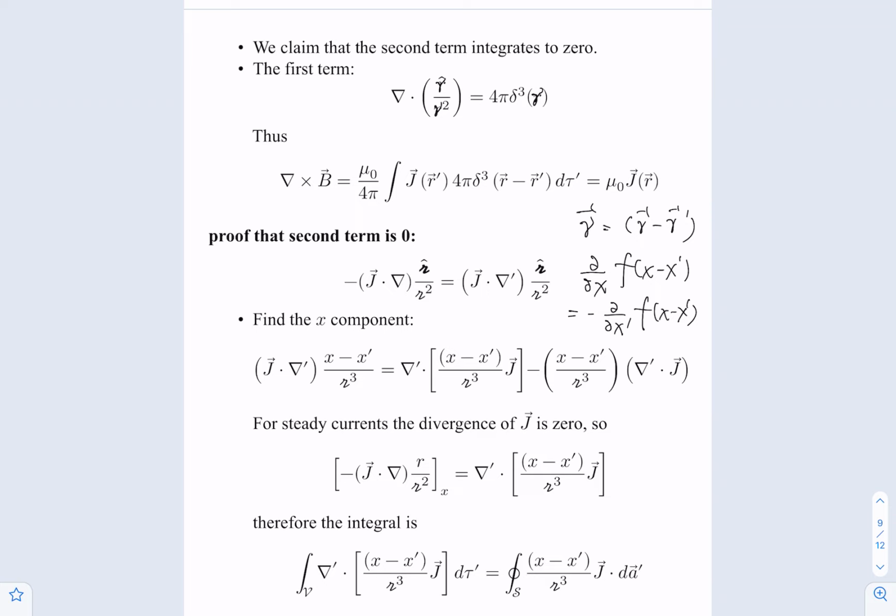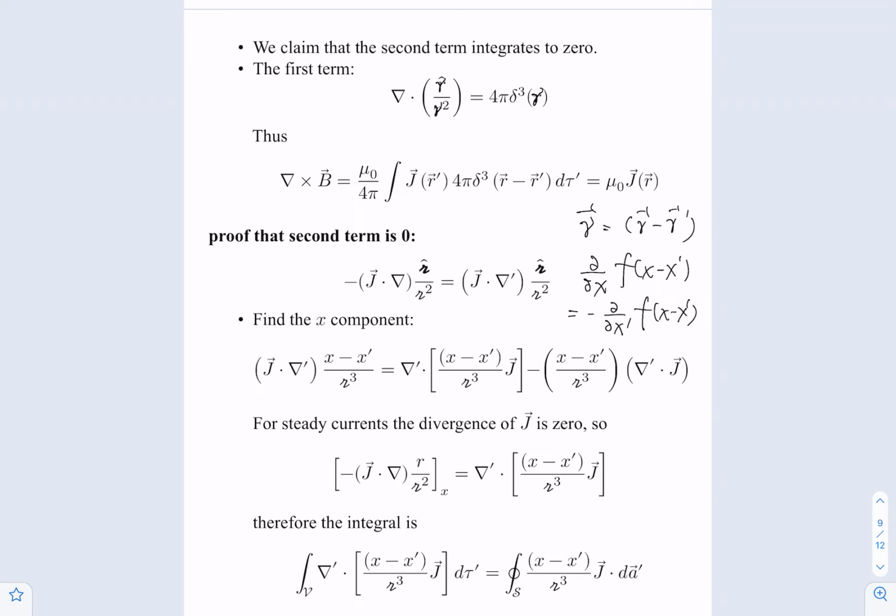So why do we need to change this del to del prime? The reason that we prefer del prime is because in the end we need to do an integral over the prime vector, and this del prime combined with the volume integral, if we arrange this properly, might reduce the volume integral into a surface integral.